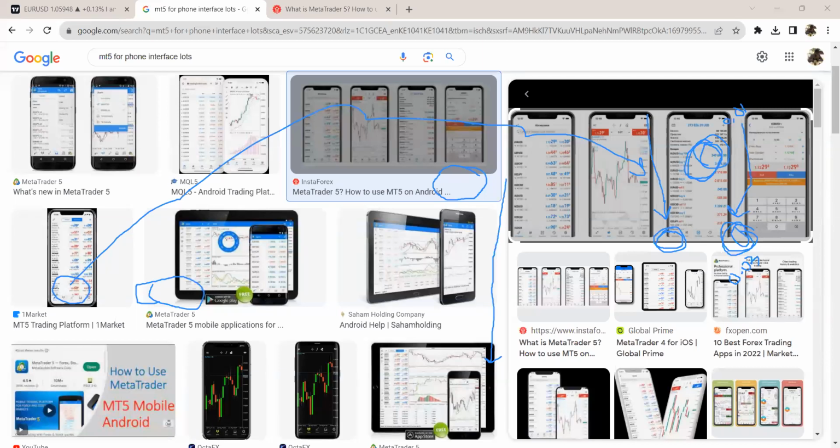Hope you can see. I don't know why this is not working. The pen I'm using for annotating is not working. Okay, let me pick it from here. Yeah, this. So it will bring this interface, this one.